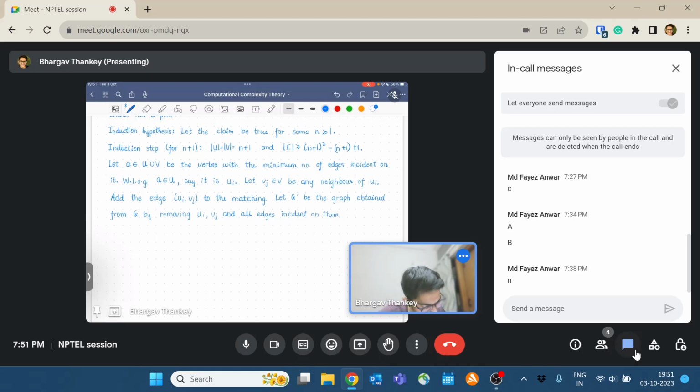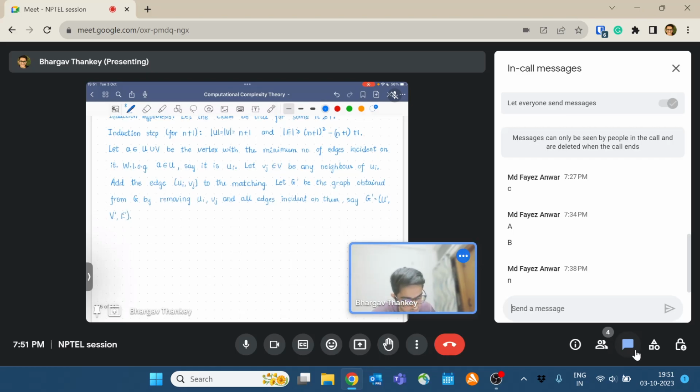Okay, say G prime is U prime, P prime, and E prime. Okay, so then the size of U prime.